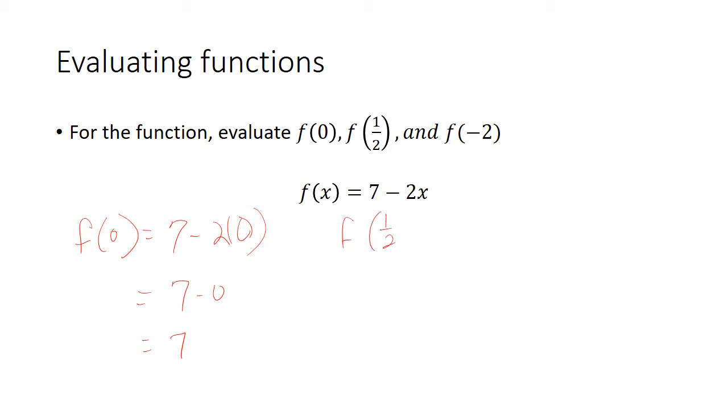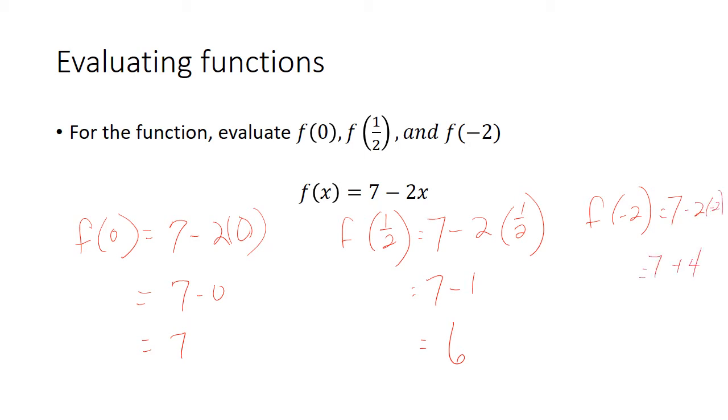f of 1 half is 7 minus 2 times 1 half. That is 7 minus 1, which is 6. And f of negative 2 is 7 minus 2 times negative 2, which is 7 plus 4, which would be 11.